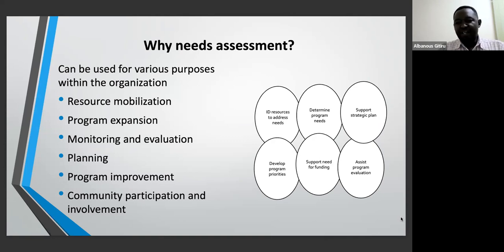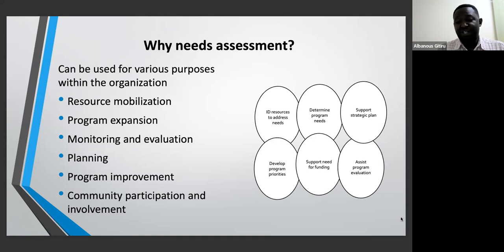Then you can say, for us to get to this part, we will need this kind of resources. That assessment of the gap and how to cover that gap is the needs assessment bit.